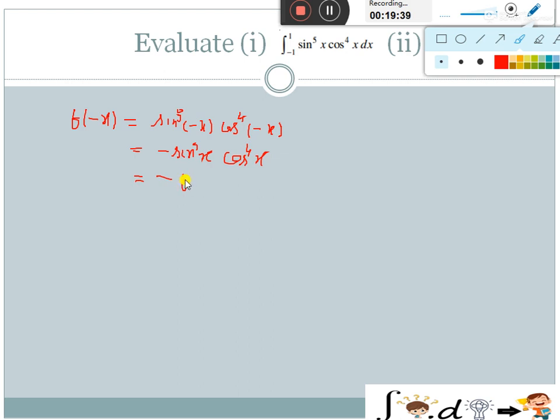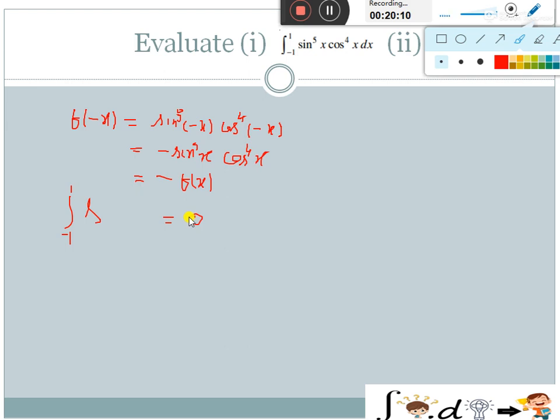Now f of minus x is equal to minus of f(x), and therefore is it odd or even? Yes, it is an odd function, and therefore directly you can write that the integral from minus 1 to 1 of sine power 5x cos power 4x is equal to 0.